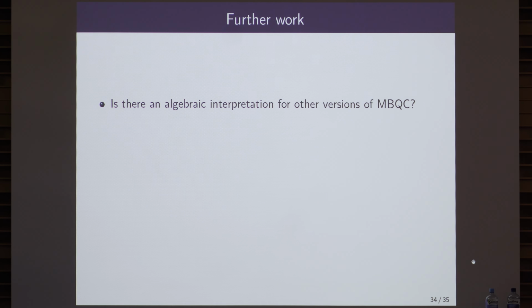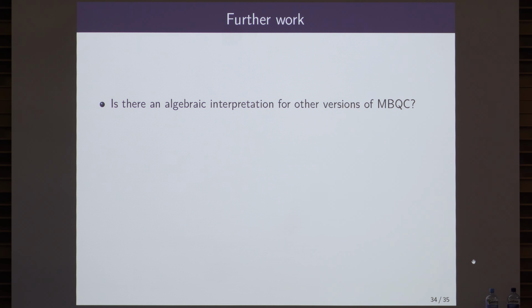further work ideas are, well, can we do something similar for other versions of MBQC? So I only considered here MBQC done on graph states. People are, for example, now considering MBQC on hypergraph states. So on hypergraphs, the byproducts that one can get due to the undesired measurement can be multi-qubit byproducts.